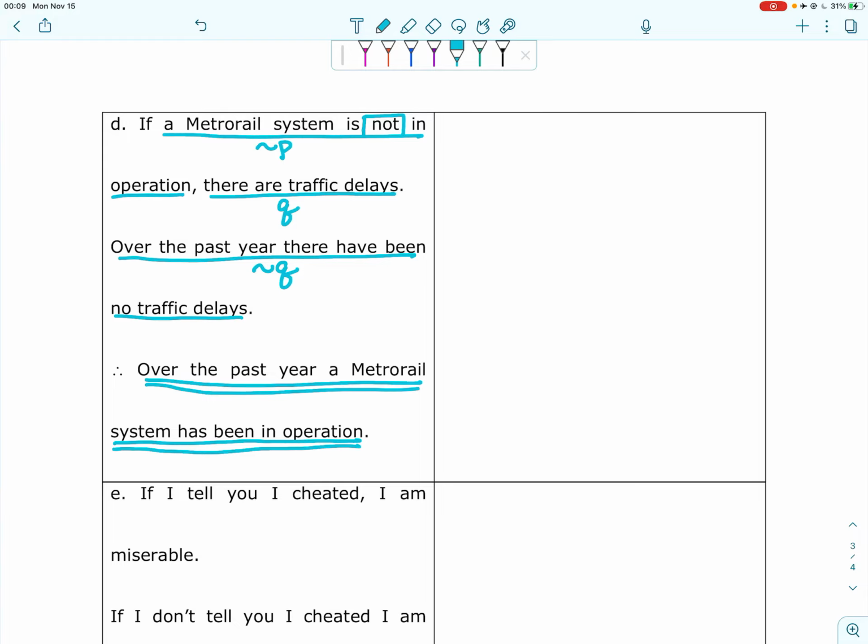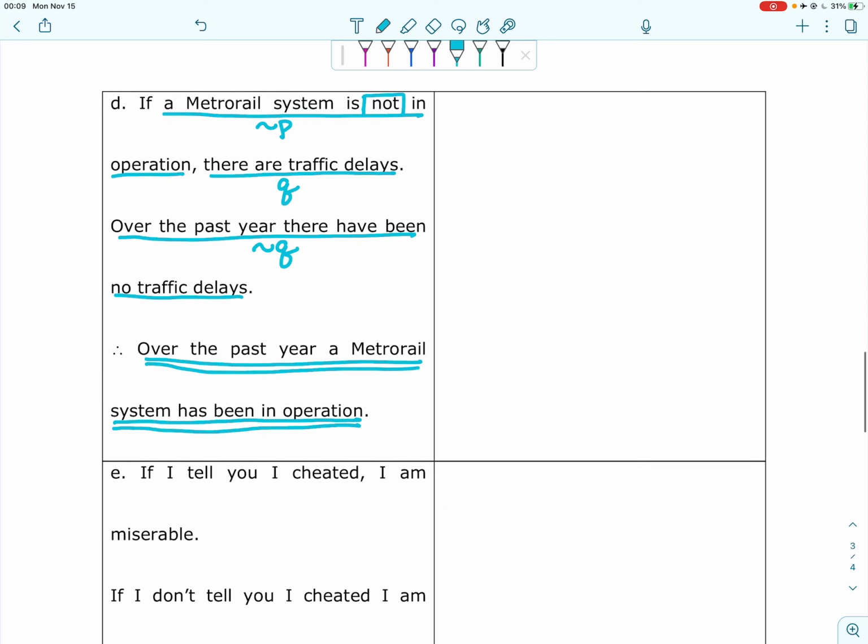A metro rail system is not in operation, a metro rail system has been in operation, so this is going to be P. So we have another, if a metro rail system is not in operation, then there are traffic delays. So this is not P, then Q. And then not Q is the second sentence. And then we have therefore P.